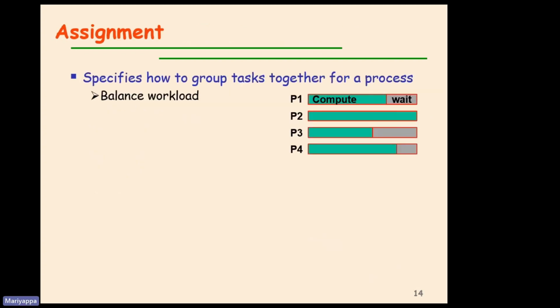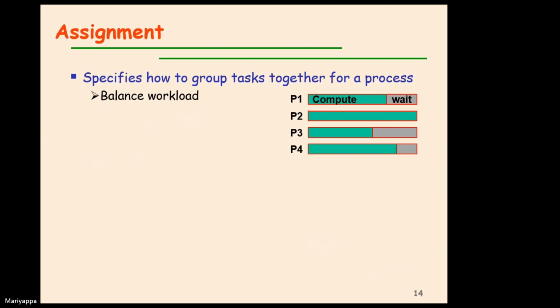So as I said, once you have divided them in terms of individual tasks, you can group them together and get what are called processes. And when you group them together, you have to make sure that you balance the workload, because each of these processes is going to be assigned to one of the processors, one of the nodes on which it is going to be executed.